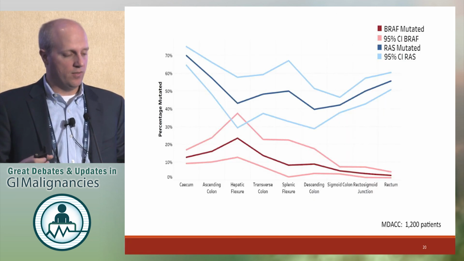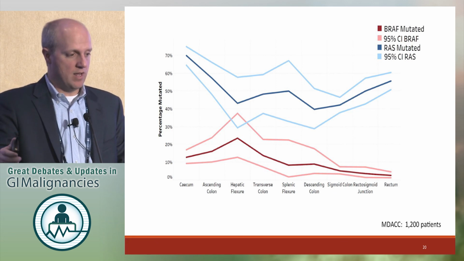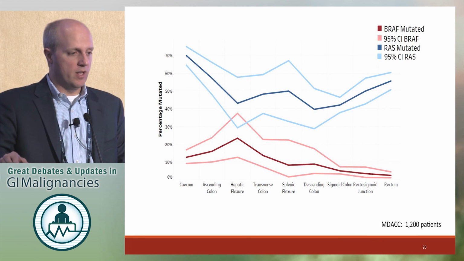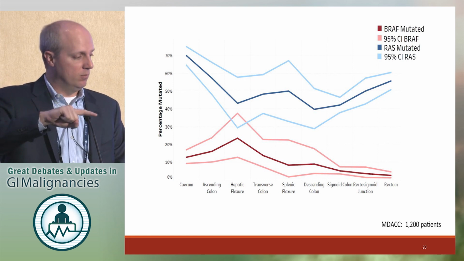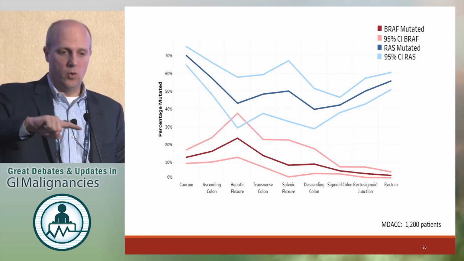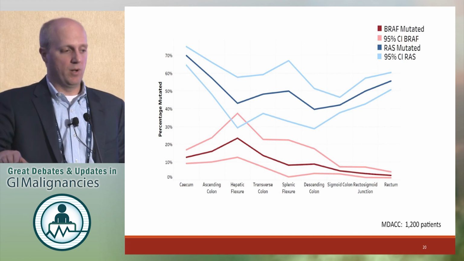It turns out that this has been seen in a few studies. This is from our MD Anderson database, showing, if you look at the red curve, that the cecal levels of BRAF are actually lower. They peak in the ascending colon and hepatic flexure before dropping off again.